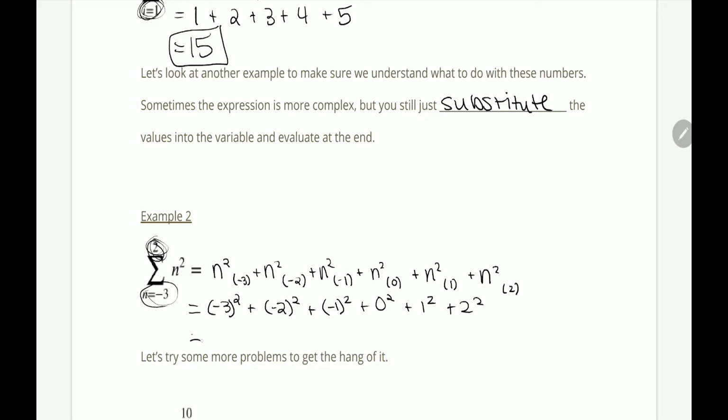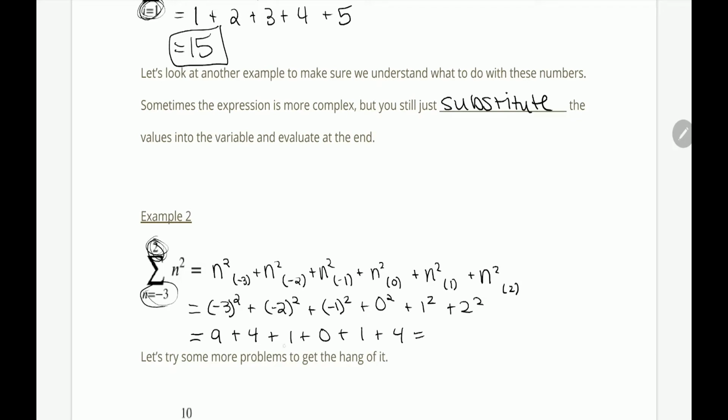If we actually do all of these out, negative 3 squared, negative 3 times negative 3 is 9. Negative 2 squared, negative 2 times negative 2 is going to be a positive 4. Negative 1 squared is going to be a positive 1. 0 squared, 0. 1 squared is 1. 2 squared is 4. We just add all those numbers together.